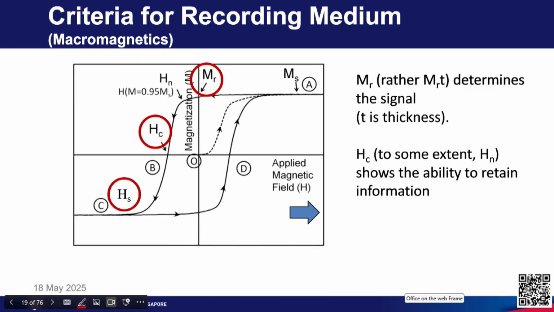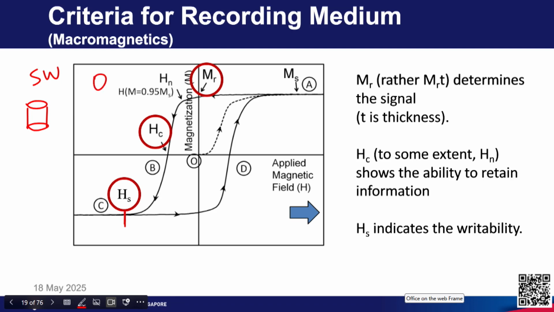Okay. When it comes to writing information, this saturation field is the one that determines writability. If you remember, this morning we were talking about Stoner-Wohlforth particles. So, we talked about having one particle versus having many particles next to each other. I told you if you have only one particle, this particle will reverse the magnetization exactly at Hk.